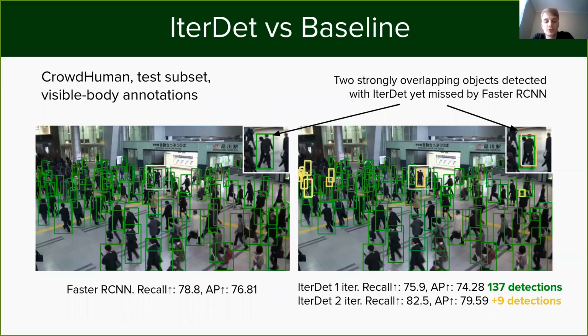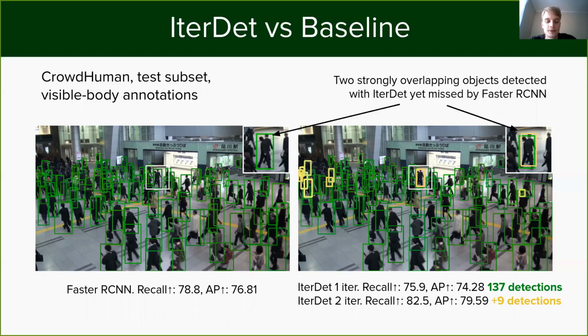Here we demonstrate IterDet against the baseline result on an image from the CrowdHuman test set with visible body annotations. Objects detected on the first and second iterations are marked as green and yellow respectively.